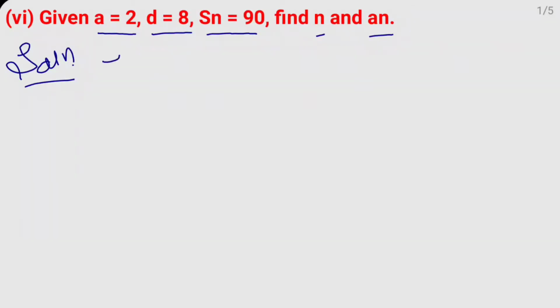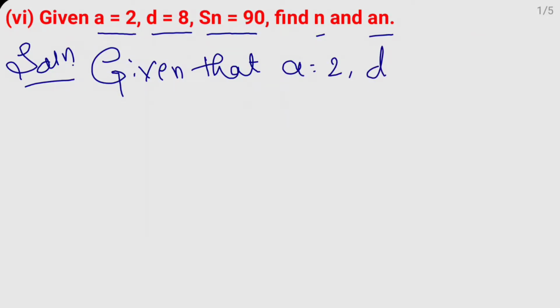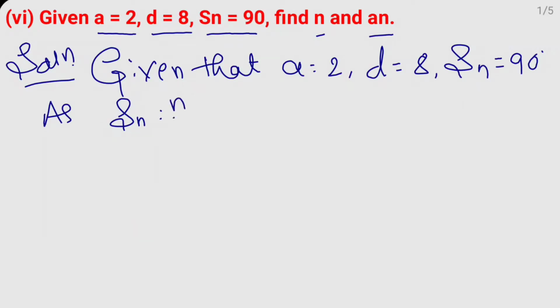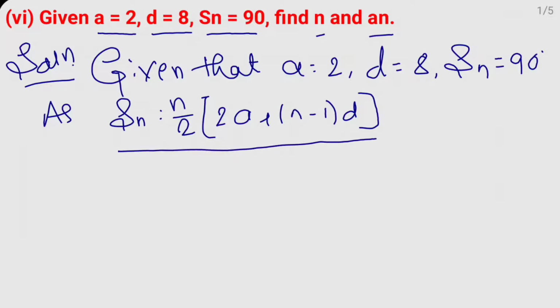So write down given that a is 2, common difference d is 8 and Sn is 90, and as we know that Sn equal to n by 2 into 2a plus n minus 1 into d, the sum of first n terms formula, right?